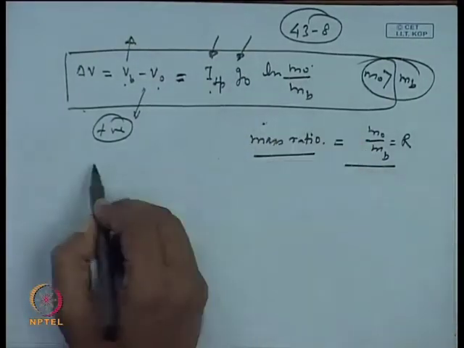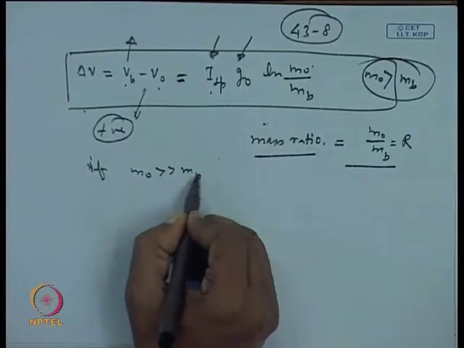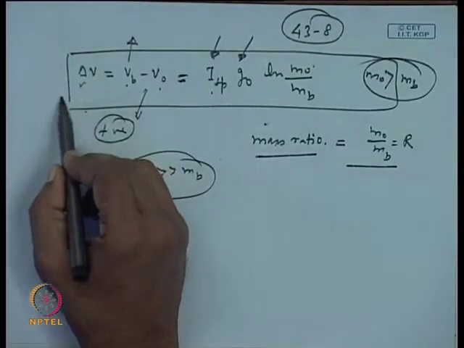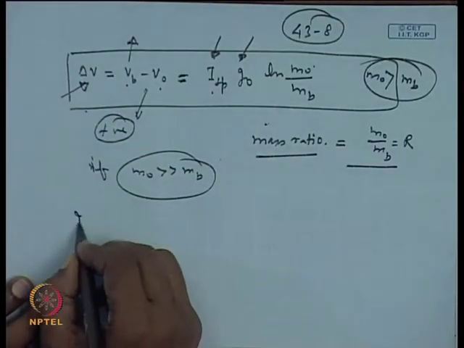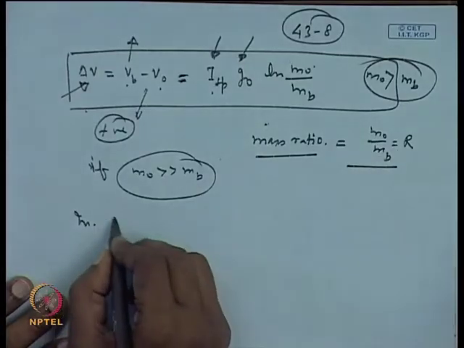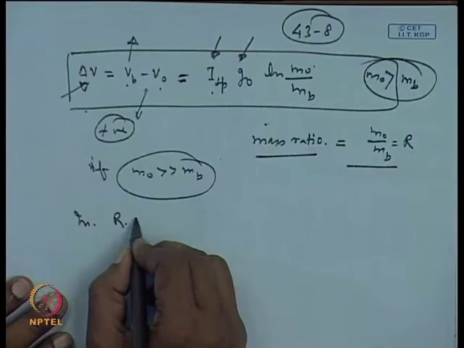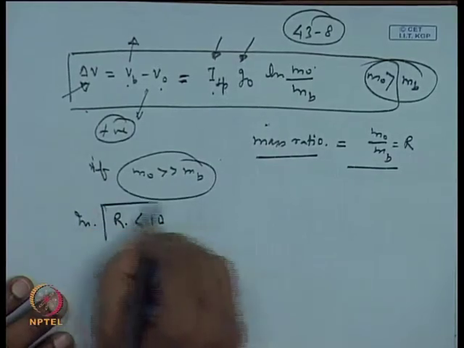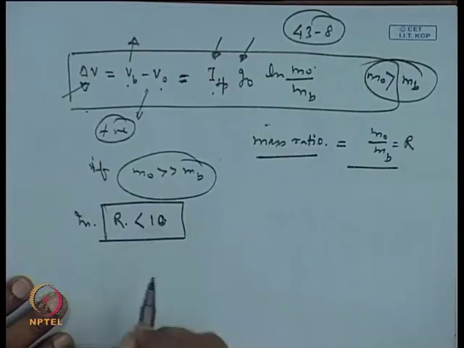Now, this says that if m 0 is much larger than m b, your delta V will be larger. So, in general this R will be confined to 10, means this mass ratio will be less than 10.